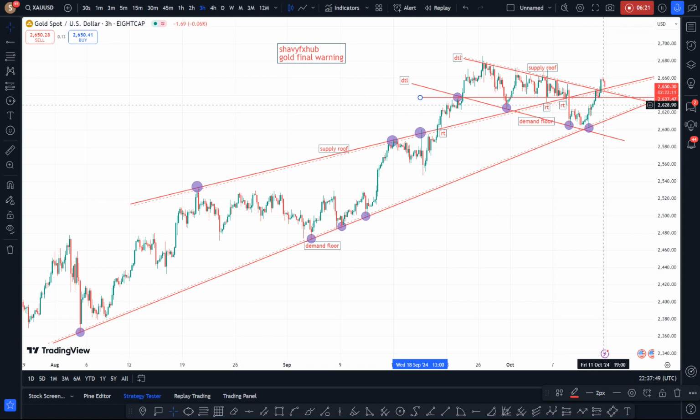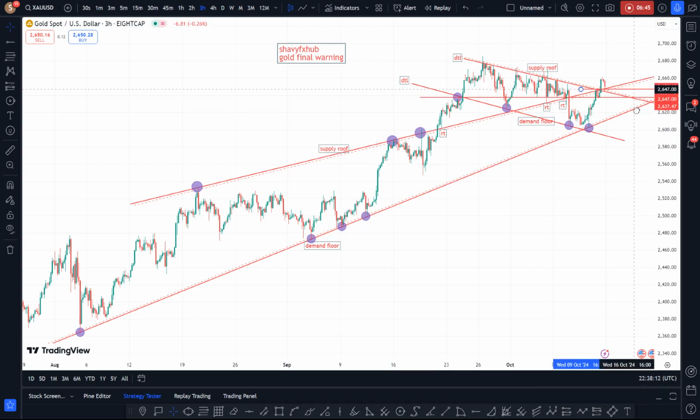And price technically opened on a 60 pip drop back to retest a descending channel, a breakout from a descending channel, and a retest in the zone of 2646. We have double confluence at that level.